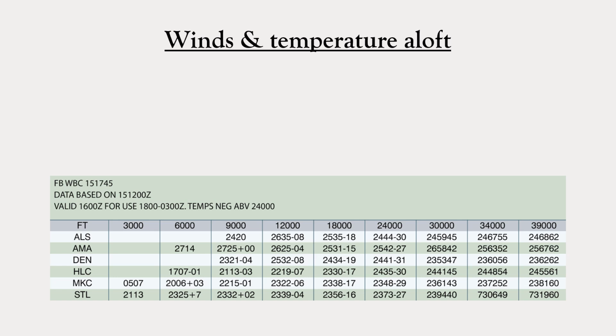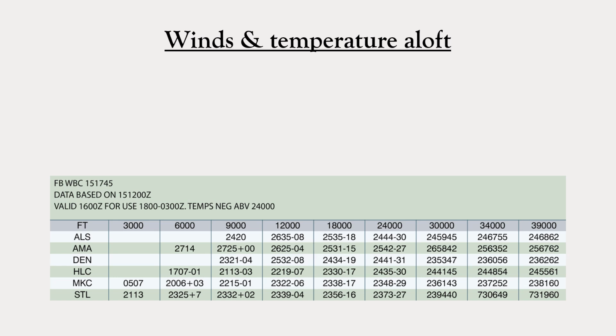This is in the form of a table, and the rows of the table each represent a different location where the forecast is valid from. So we will look for an entry that is an airport relatively close to us, and that's the one we want to look at.